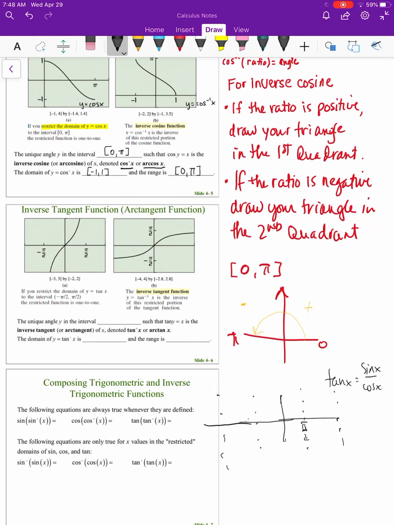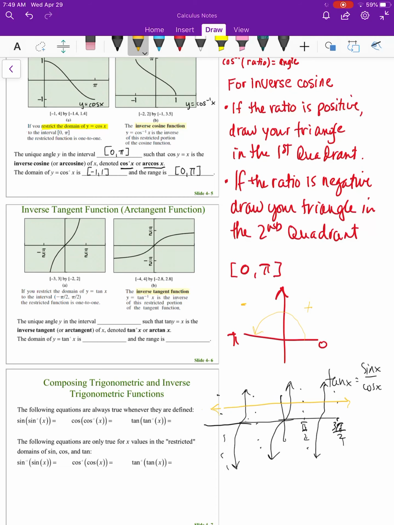And so it just keeps going like that. All those vertical asymptotes at pi over 2, 3 pi over 2, dot, dot, dot. And then your tangent function keeps going like that.